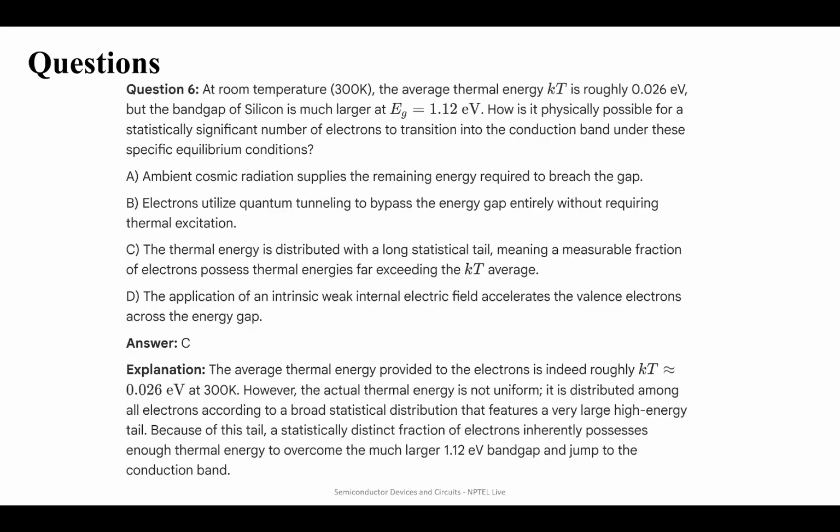It is distributed among all electrons across a broad statistical distribution, that is your Maxwell-Boltzmann distribution, that features a very large high energy tail. Because of this tail, a statistically distinct fraction of electrons inherently possess enough thermal energy to overcome the much larger 1.12 eV band gap and jump to the conduction band.